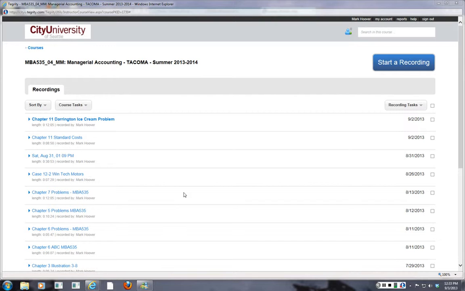Then there's labor: a labor rate variance and a labor efficiency variance. Overhead variances: there's a controllable overhead variance, which involves detailed analysis of controllable overhead, and then the overhead volume variance. So anyway, these variances are important things that we can work on.